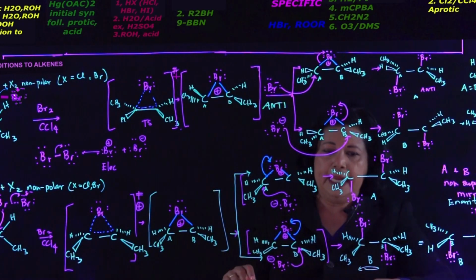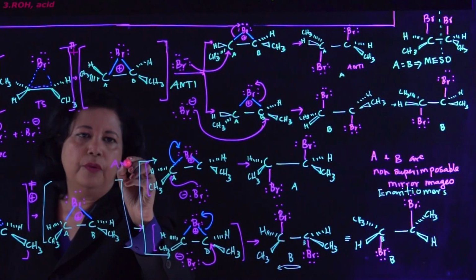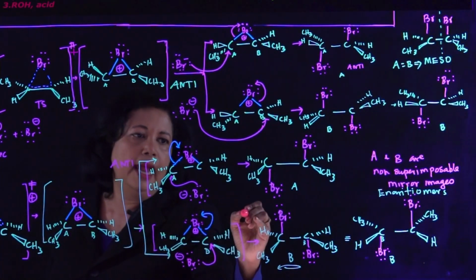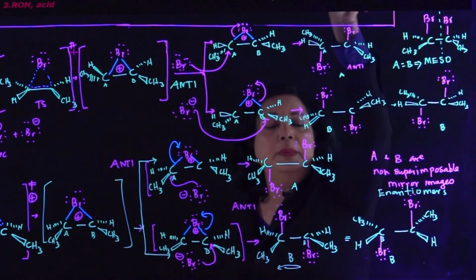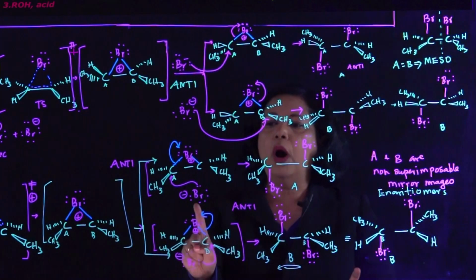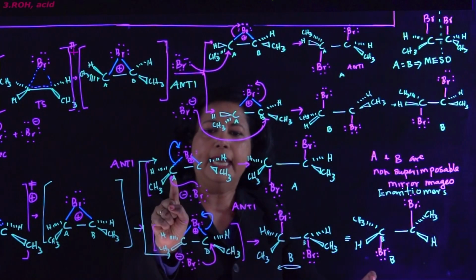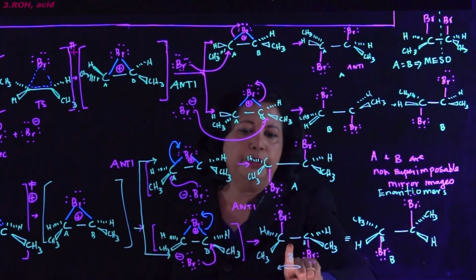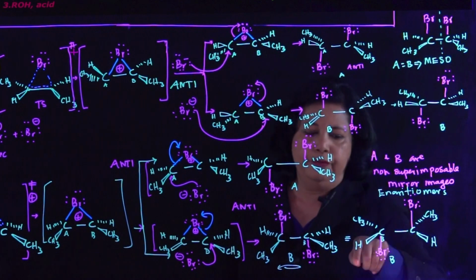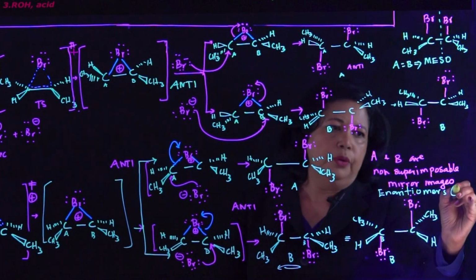You can only have anti. There is no possibility for syn. So these are anti-additions, anti-stereospecific. But there is a 1-to-1 chance or probability of attacking either A or B. Therefore, they are non-stereoselective. You'll get 50% of A and 50% of B. So that is going to be a racemate.